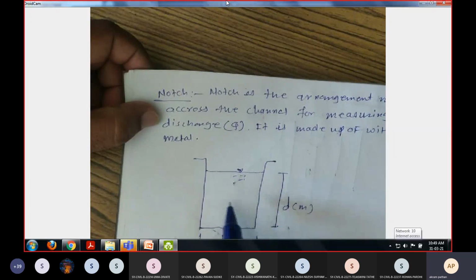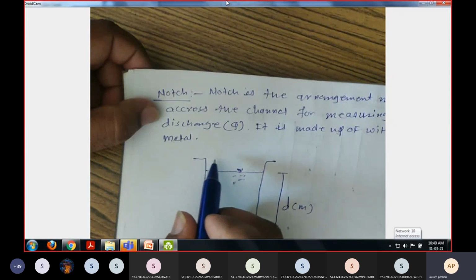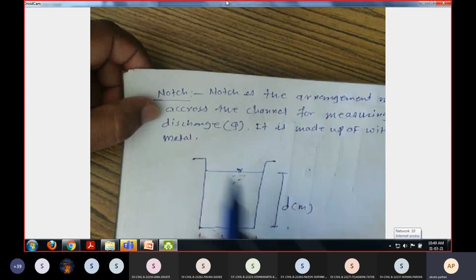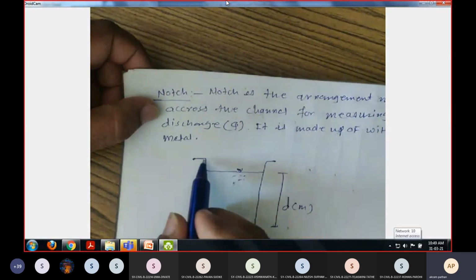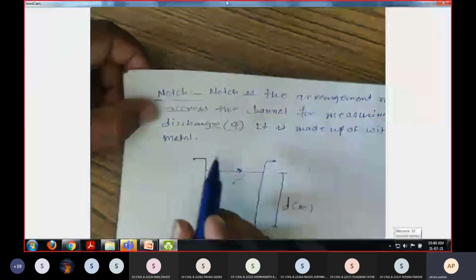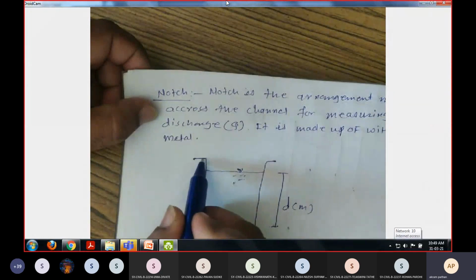And if you want to measure this Q, that is the discharge in the channel, we can measure with the help of a notch and weir. Exactly the shape of the notch and weir we have to manufacture as per the shape of the channel. For example, if the shape of the channel is rectangular, we have to manufacture the notch or weir with the same shape as the channel.